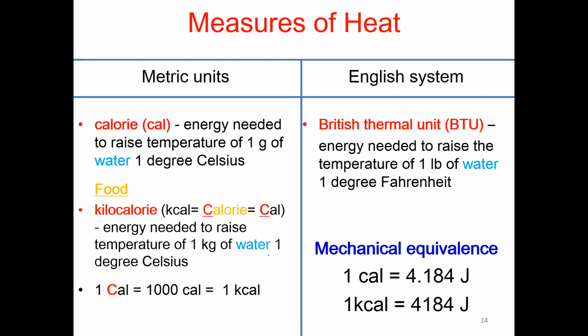And in the same way, we have some units to measure the temperature, for example Kelvin, Fahrenheit, or Celsius. We also have some units to measure heat. In the metric units, we have one unit, which is the calorie. Please pay special attention: the symbol is a small c.